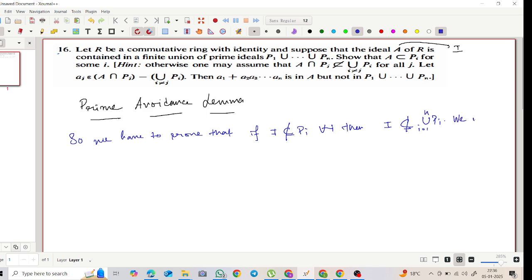So we will proceed by induction on n. So if n equals 1, we are done.